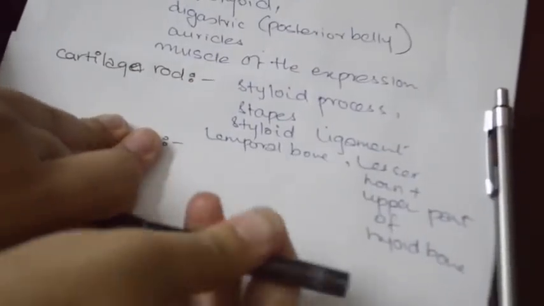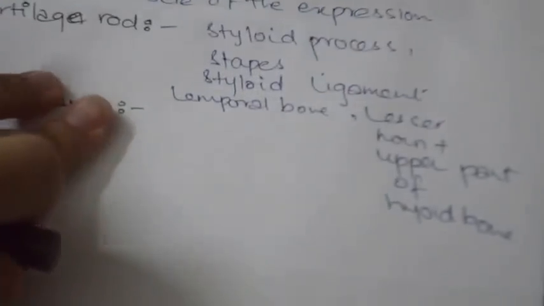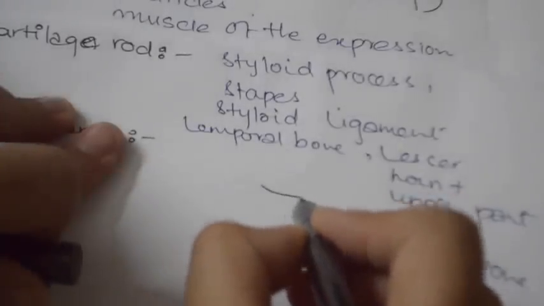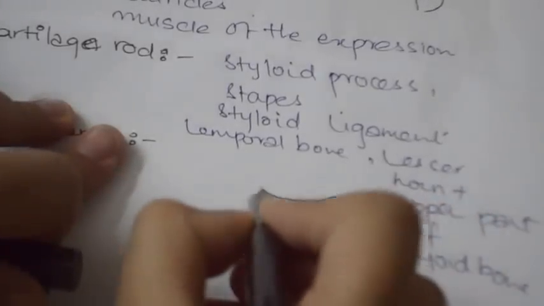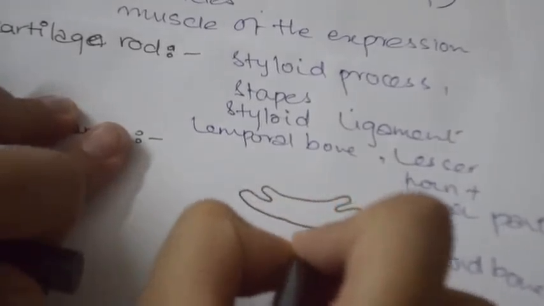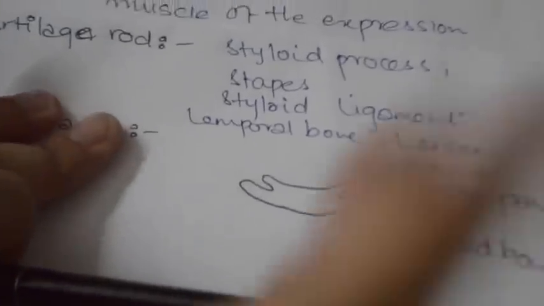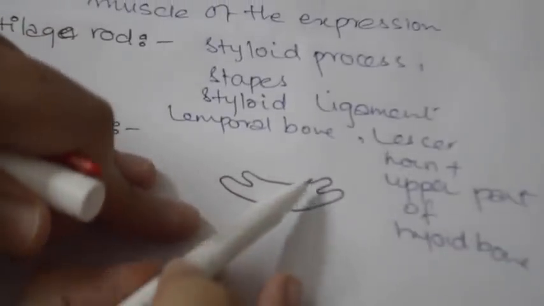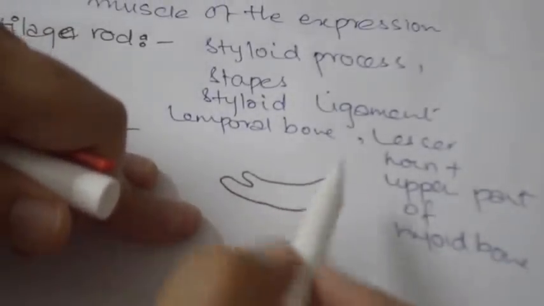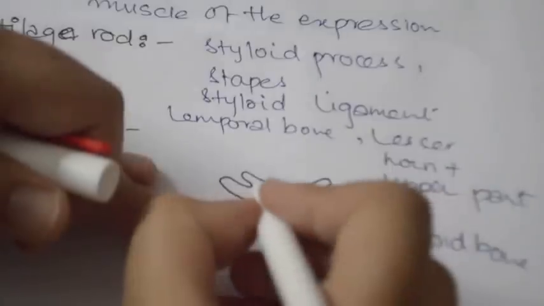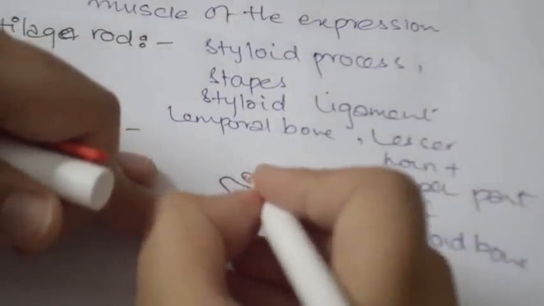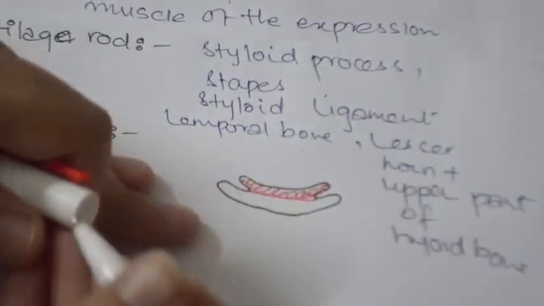I'd like to show you how this is distributed. This is a rough diagram of the hyoid bone. This part is the lesser horn of the hyoid bone, the greater horn of the hyoid bone. This is the body. So the upper part of the body and the lesser horn is covered.